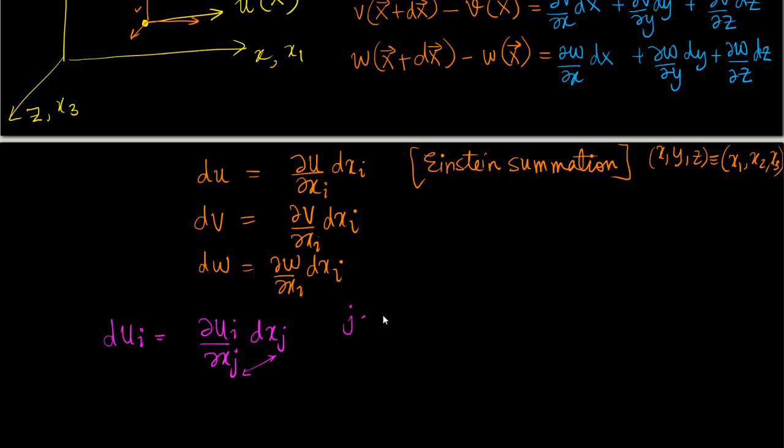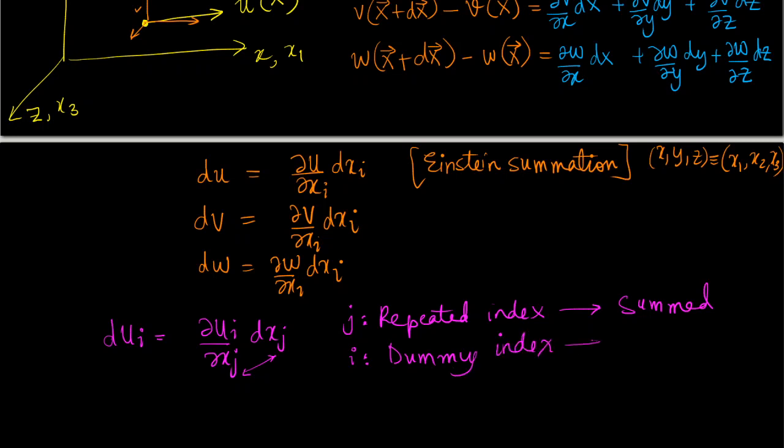So j is the repeated index, which means that j has to be summed, but i is the dummy index, meaning it can be chosen.